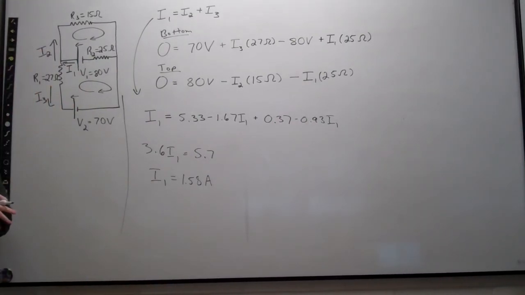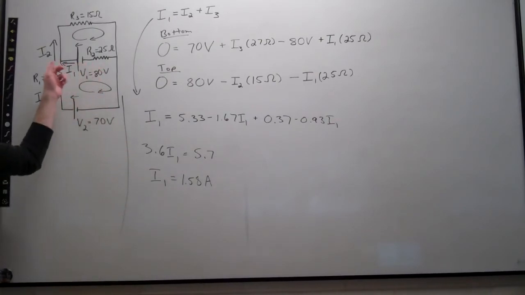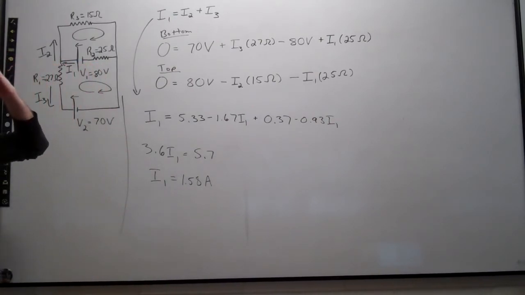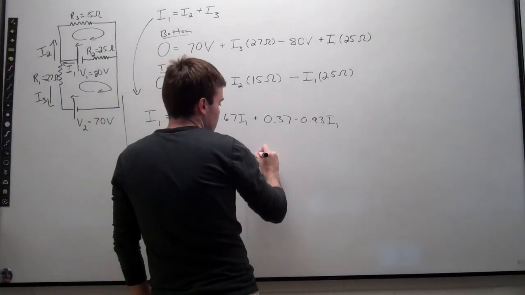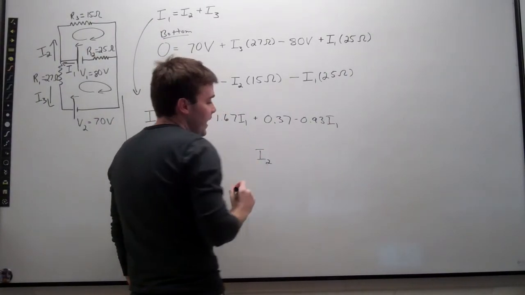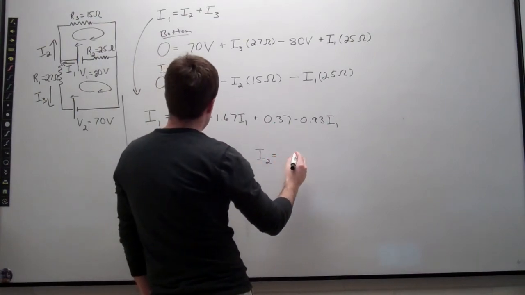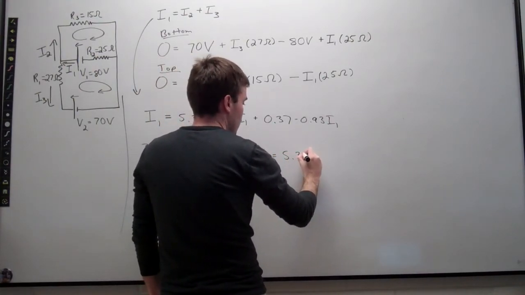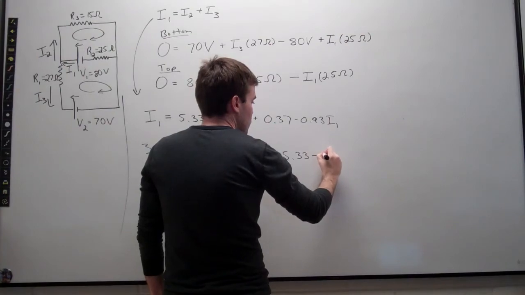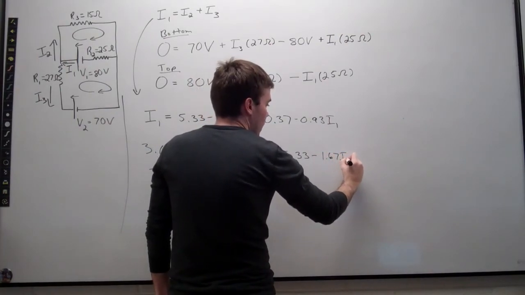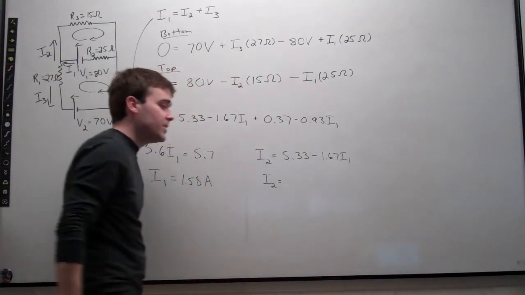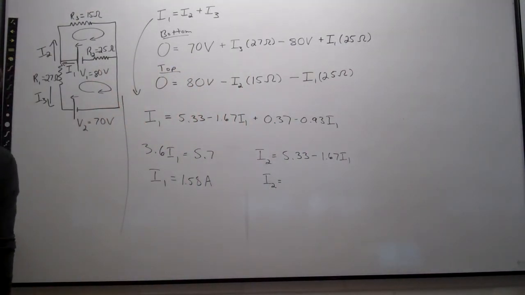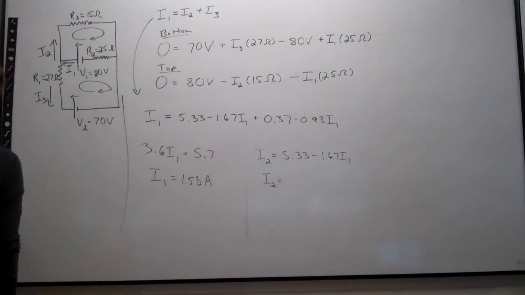Questions on how I found I1? And that's positive, so that means we chose the right direction for I1. Now we do the same thing for I2 and I3 with the equations we found before. So what did we say I2 equaled from before? 5.33 minus 1.67 I1. So I2 equals what? 2.69.